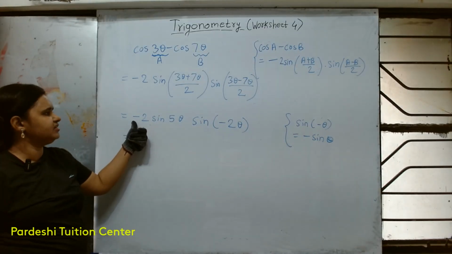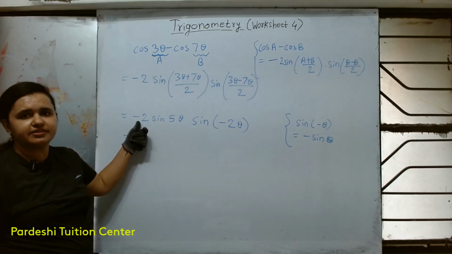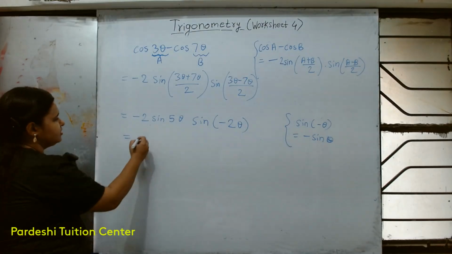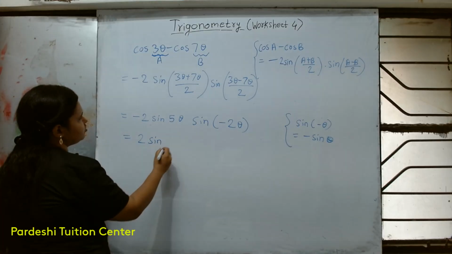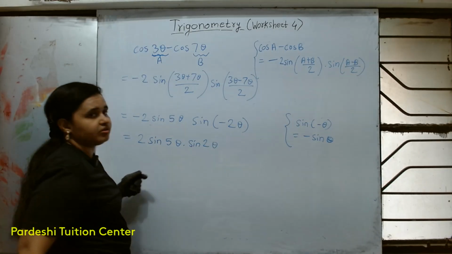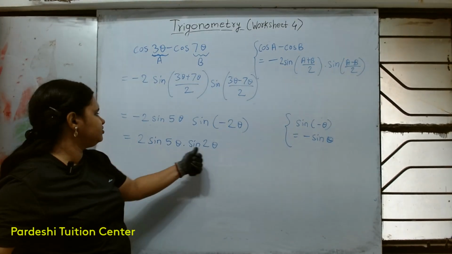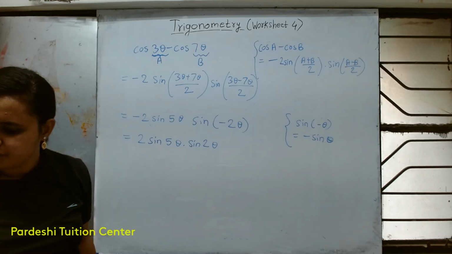Here it is also minus. So if I take out minus from here, minus will get plus. So what remains will be 2 sin of 5 theta into sin of 2 theta. Okay. And this is our answer, 2 sin 5 theta sin 2 theta. So the option number is 4.